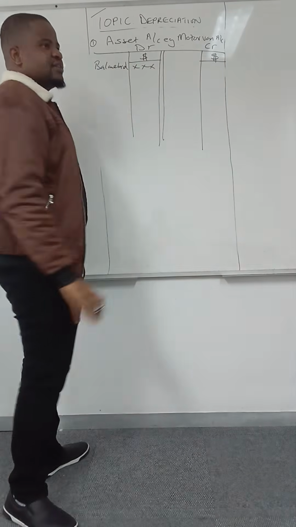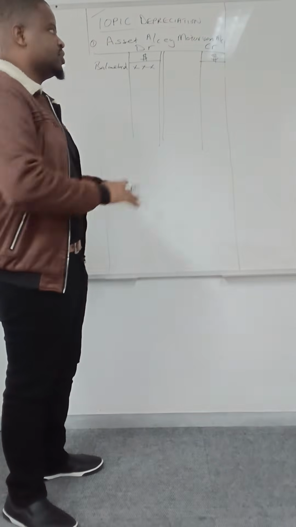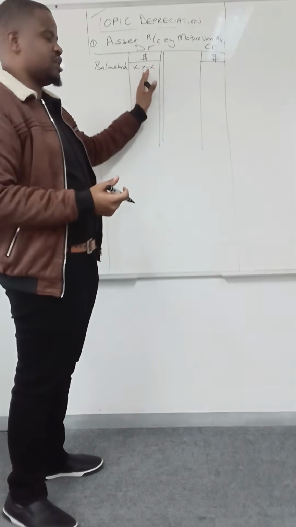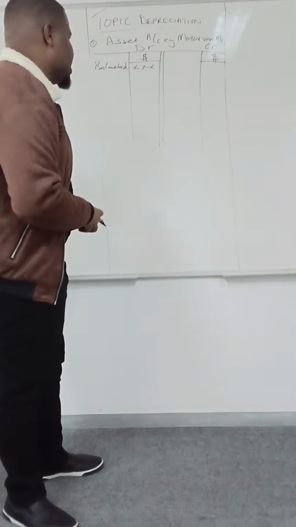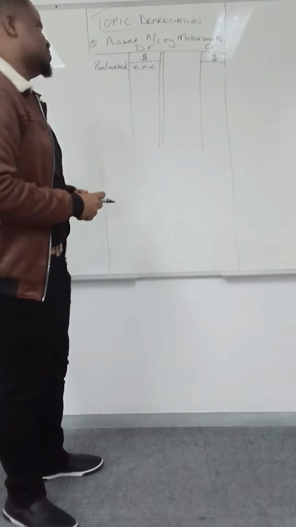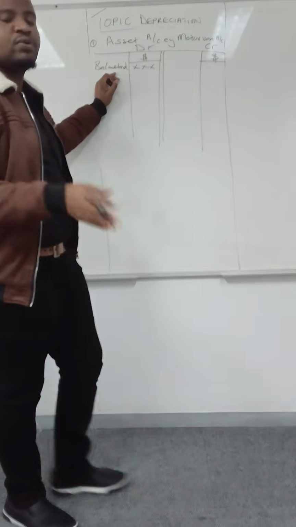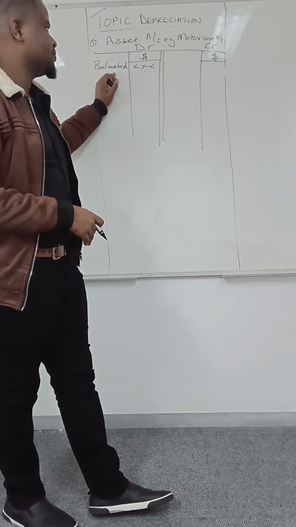These X's just represent figures. Since we are doing a layout, we use X instead of figures. In your exam, you use the actual figures. But here I'm using X because I don't have any figures or numbers. Our balance b/d is always on the debit side, because assets maintain a debit side.